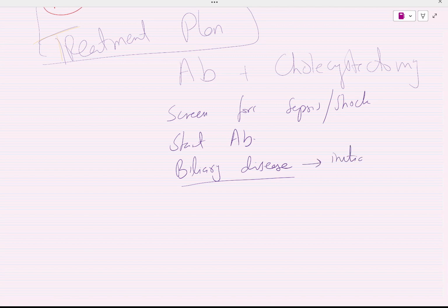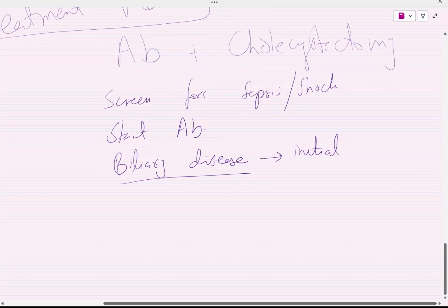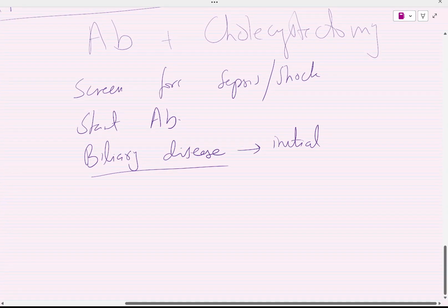What initial support did we discuss in cholelithiasis? We give bowel rest, nil per oral, bed rest, fluid resuscitation, analgesics, spasmolytics, and antiemetics. Initial support.